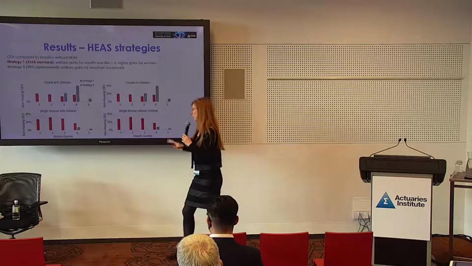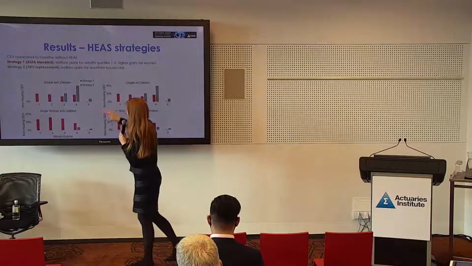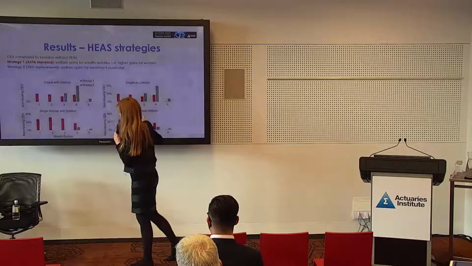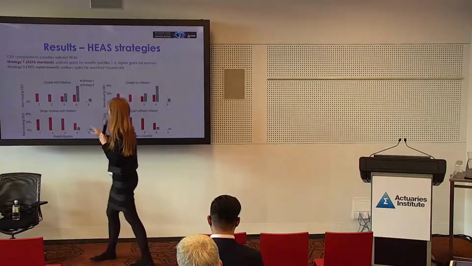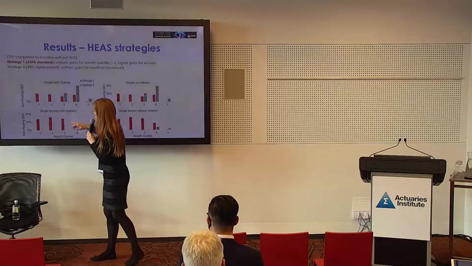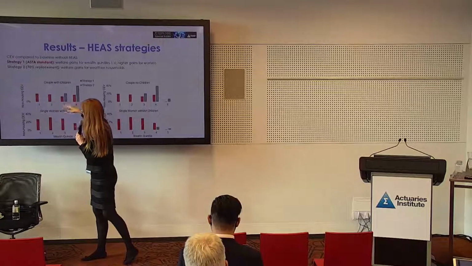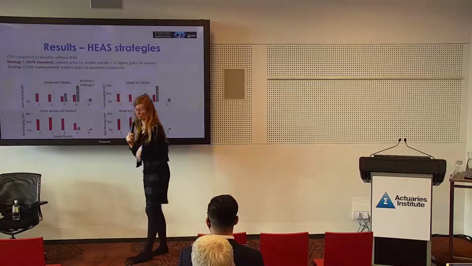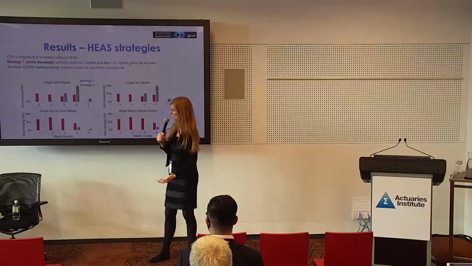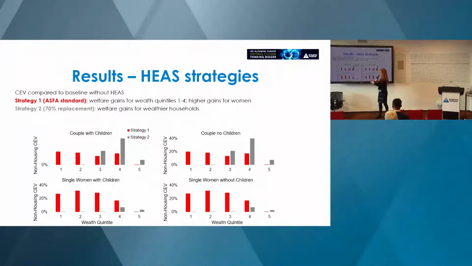And in most of these cases, for example, the red bars, most of these different types of households, for example, single women with children, have substantial gains of up to 20%. And so you would have to give them 20% more each fortnight without the scheme to make them as happy as if they can access the home equity access scheme.